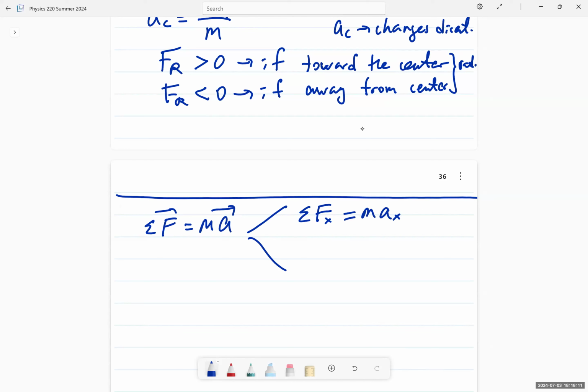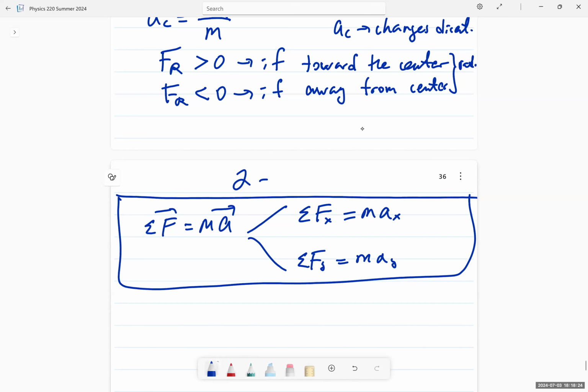That means all the horizontal forces give you horizontal acceleration, and all the vertical forces give you vertical acceleration. This is a general two-dimensional net force, which we've seen before, but let's come back to it.